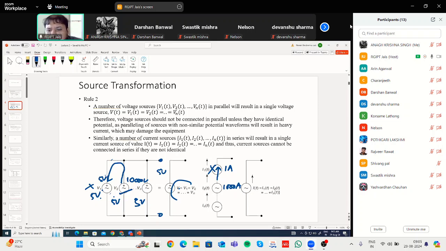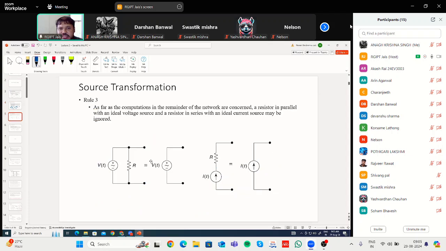Similarly, if current sources are connected in series, it is only possible if all the current sources are of the same value and same internal resistances and everything. Then the net current will be 5 ampere. Okay, then it is possible. Otherwise, if there is a mismatch, then you cannot connect them this way.